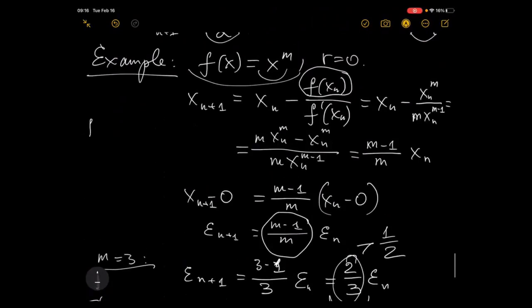If you have a root of the order m, you remember I told you that you can represent it as (x minus r) to the power m times g of x, where g is not equal to 0 at x equal to r, right? So this is how it will look.